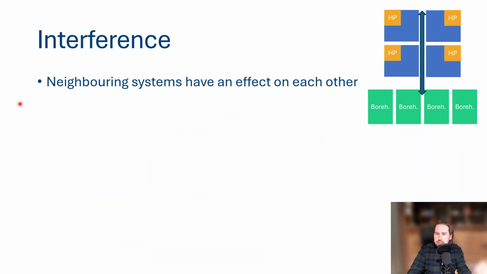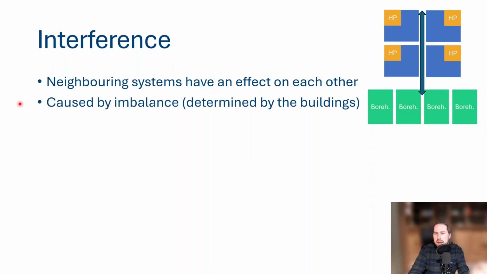And to go a little bit deeper on that, as we discussed earlier, interference is the name for different neighboring systems that have an effect on each other. This is caused by the imbalance, which is again determined by the building demand. So what basically happens is, if your neighbor has a geothermal system and it's extracting heat from the ground year after year, that will cool down the ground on his property, but also on the neighboring properties.